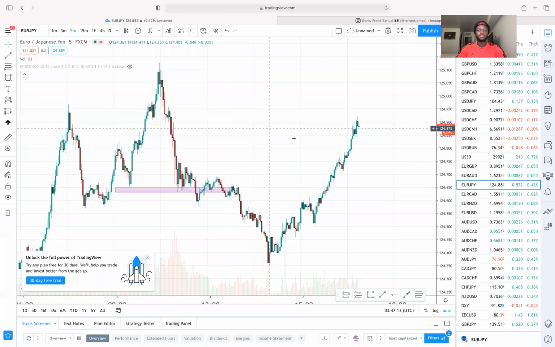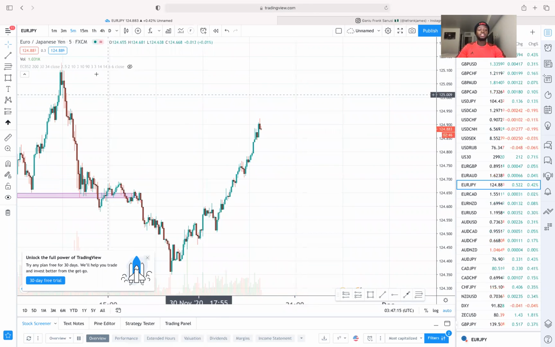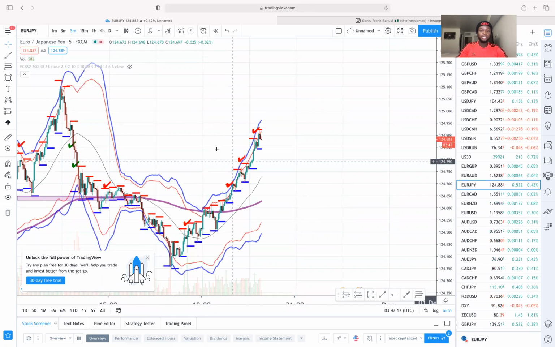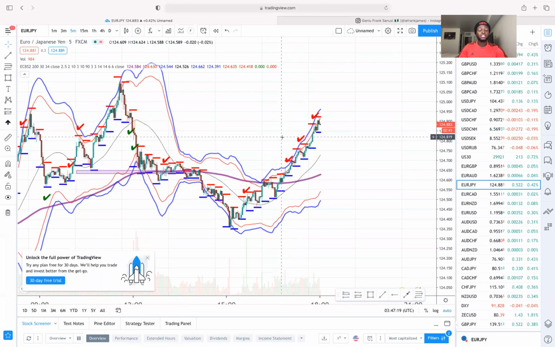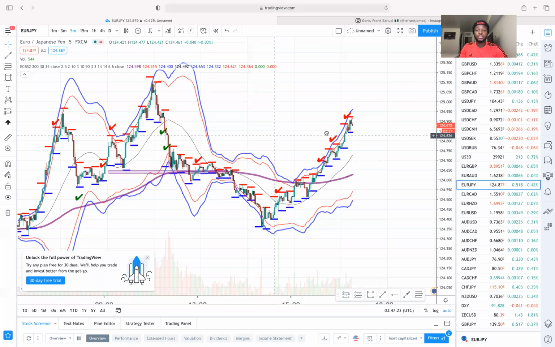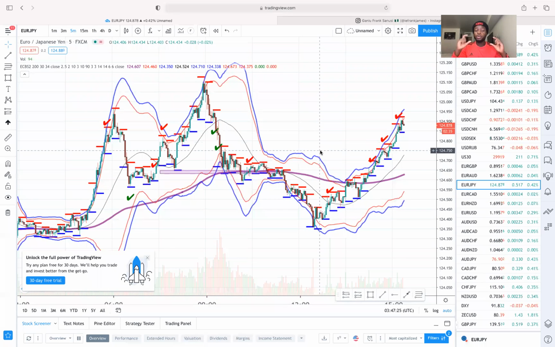That's what resistance is. So what the Bollinger Bands in the Evan Cobra strategy are doing is letting you know when price is overbought or oversold. Now, it's super important to understand that when you're in a trending market, this strategy is out the window.